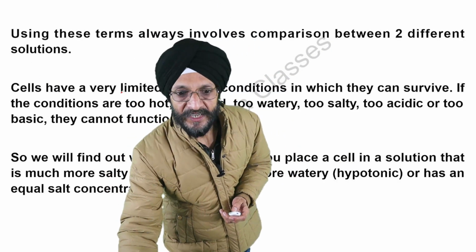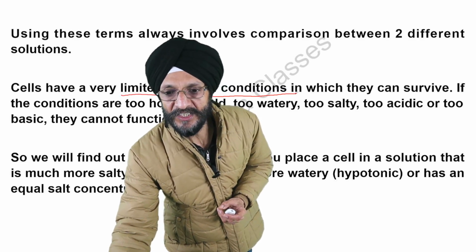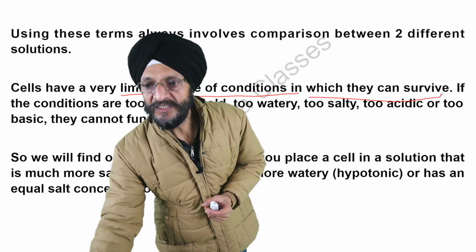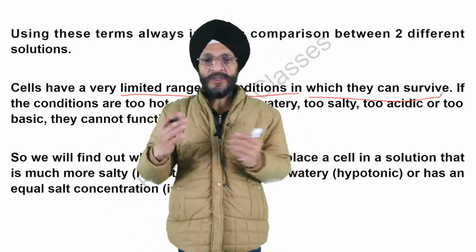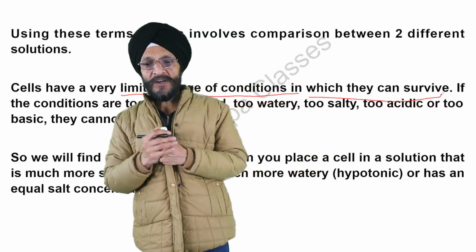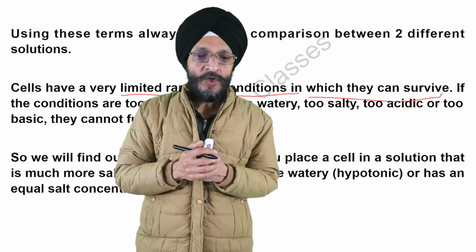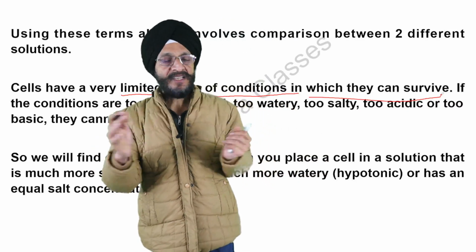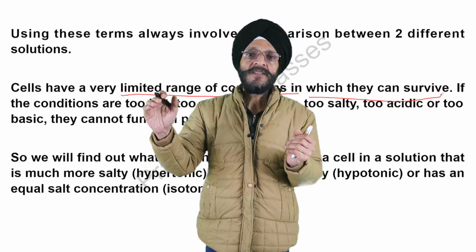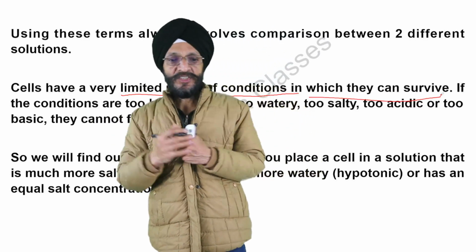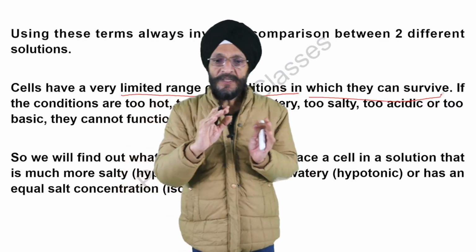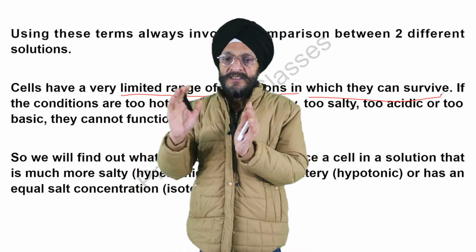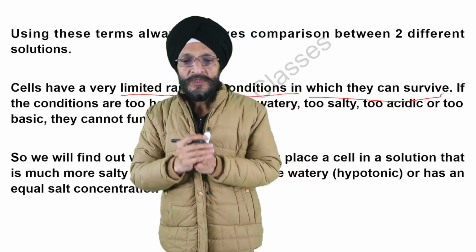Cells have a very limited range of conditions in which they can survive. If the conditions are too hot, too cold, too watery, too salty, too acidic or too basic, the cells cannot perform in all these conditions. They can function properly only if the condition is suitable to them.